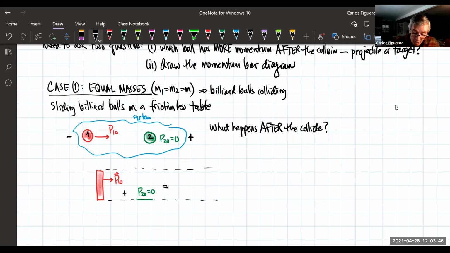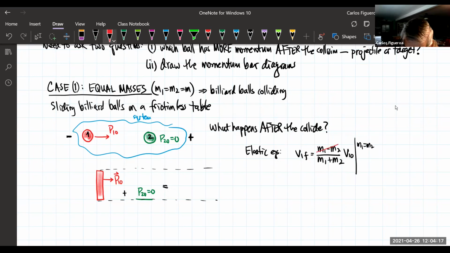According to my elastic equations, V1 final should be (M1 minus M2) over (M1 plus M2) times V initial. But wait a minute, M1 and M2 are exactly the same. So this numerator is 0.